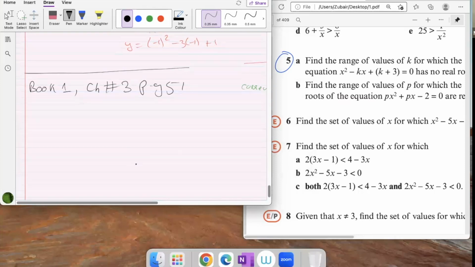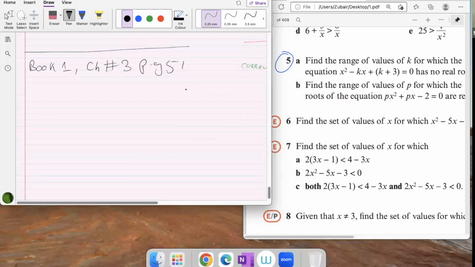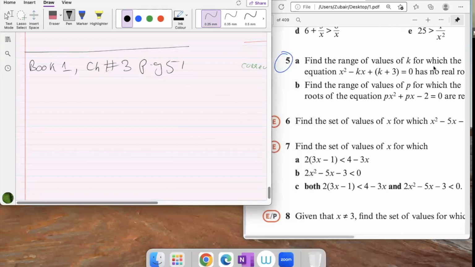Question number 5. It says find the range of values of k for which the equation x squared minus kx plus k plus 3 equals 0 has no real roots.